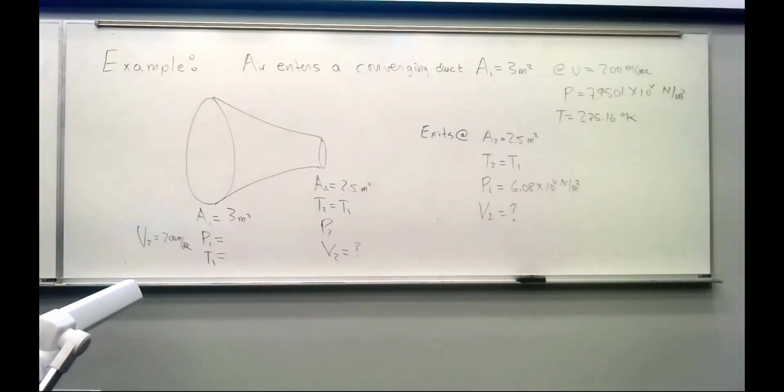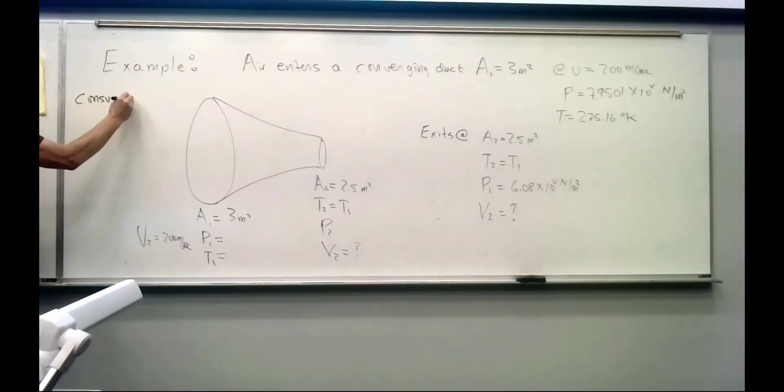So we look at that and we say, okay, we have areas and we want to know velocity. So we look for an equation that relates areas and velocities. So we'll say conservation of mass. Looks like a good candidate.